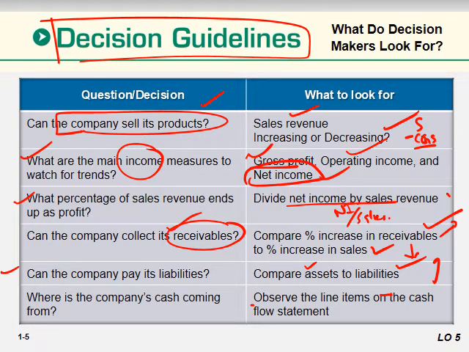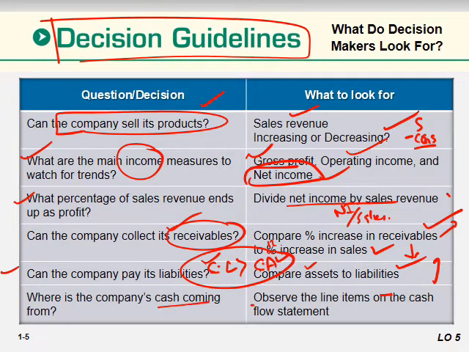But if your current liabilities are greater than current assets, this is the amount that you can convert into cash in less than 1 year, and this is the amount you have to pay in less than 1 year. So the amount you have to pay within 12 months is greater than the amount you will convert into cash in less than 1 year. It means you cannot pay your liabilities.